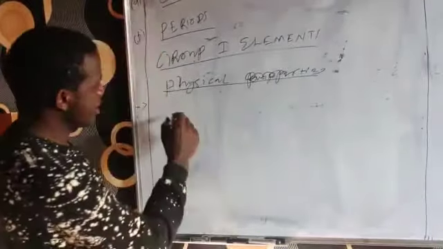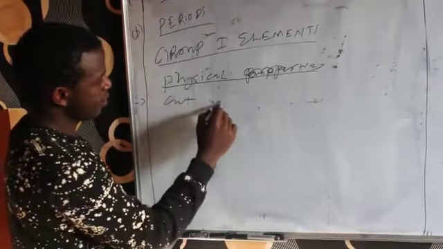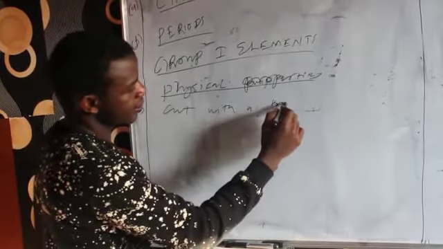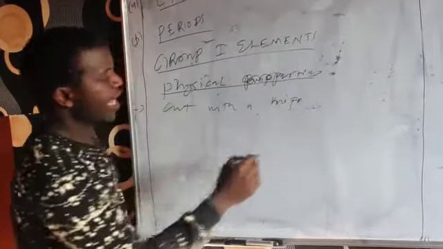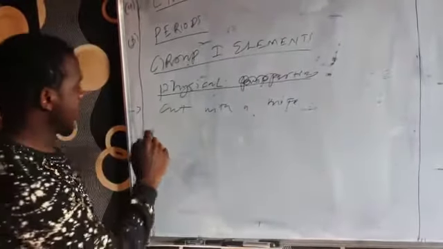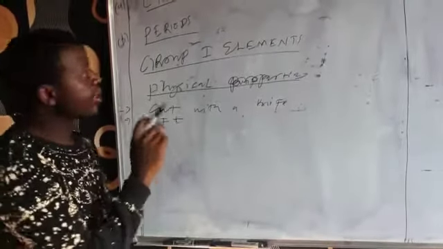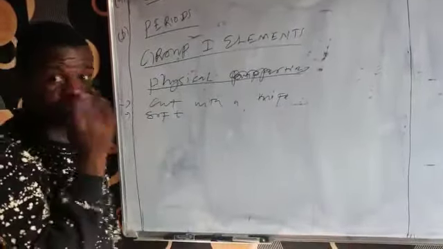So you can cut them with a knife. The other physical property is that they are soft. These group 1 elements are soft.